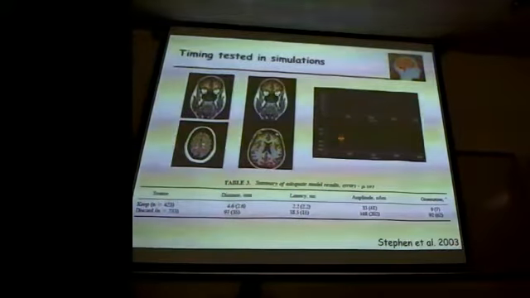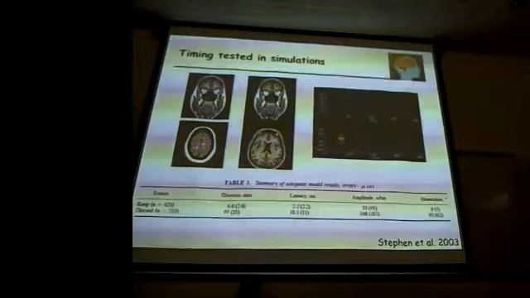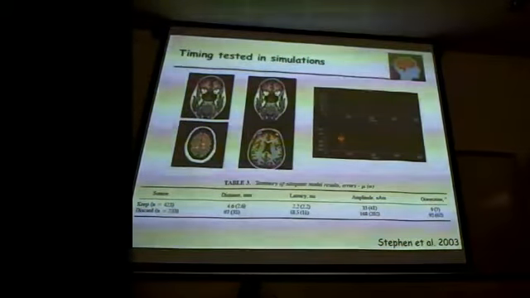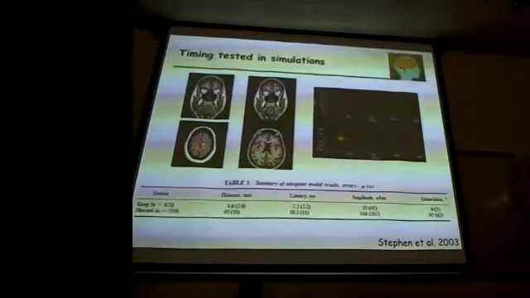And what is hard to see, and I realize it's still hard to see on my screen, but we actually have two sources here that are highly overlapping. So they're offset by just 10 milliseconds. So this is a fairly difficult separation for an inverse solution.